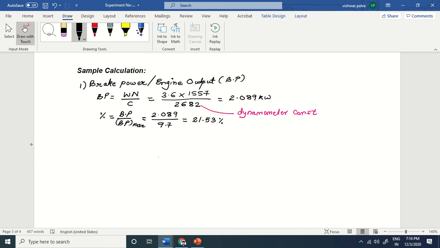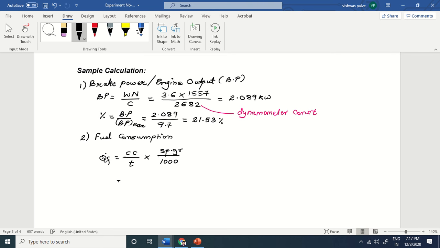Then next is the fuel consumption, second reading. For fuel consumption, let us take the unit as Q dot F, and the formula will be the quantity of fuel in cc for which we have taken the measurement, divided by T, into the specific gravity of fuel, divided by 1000.